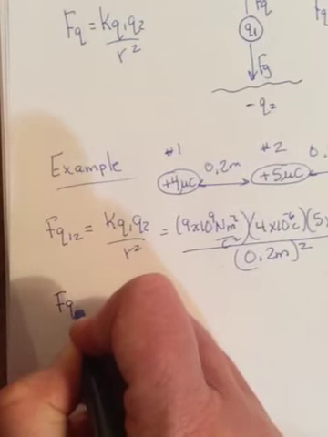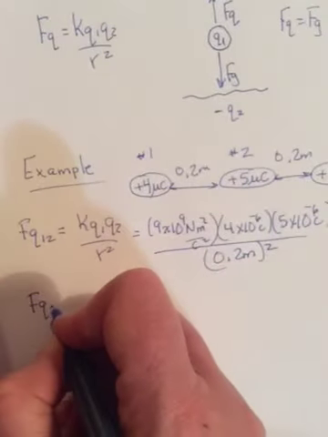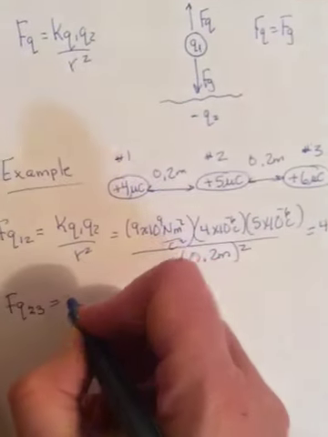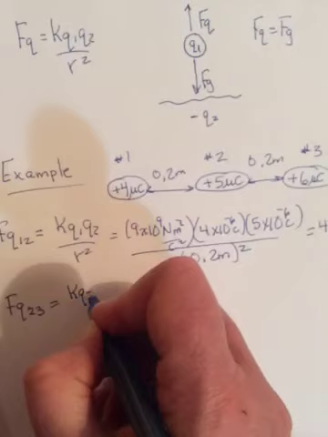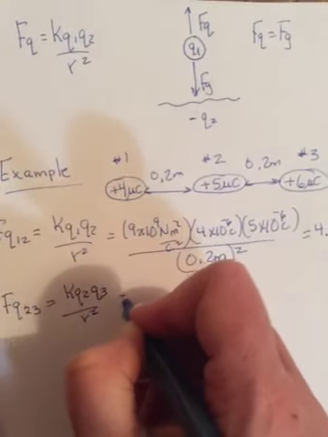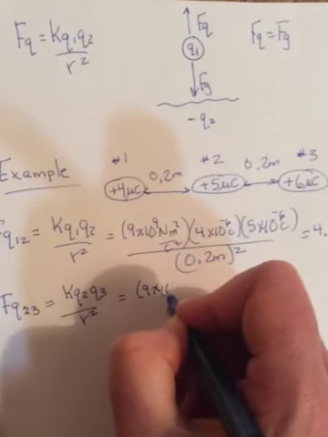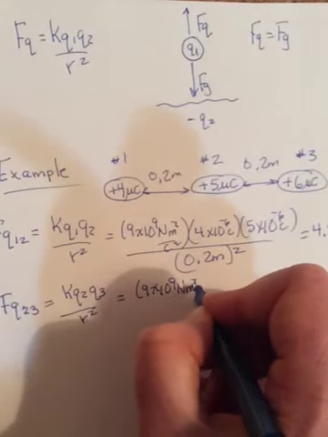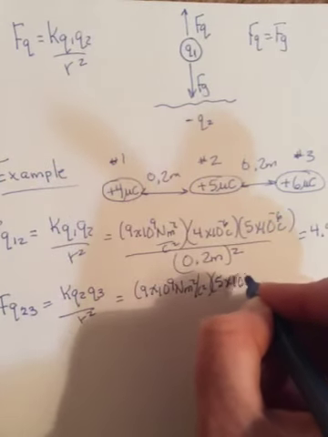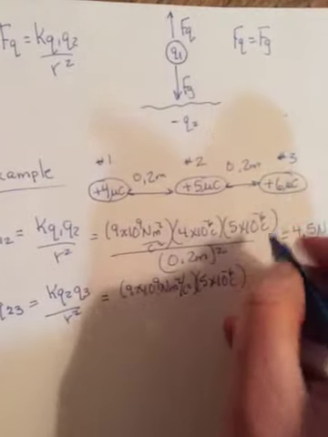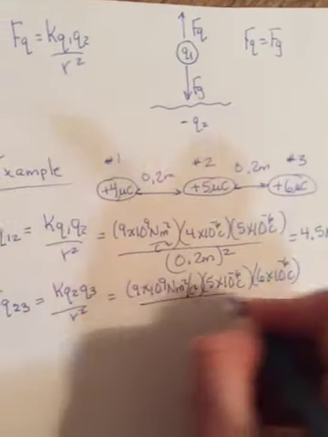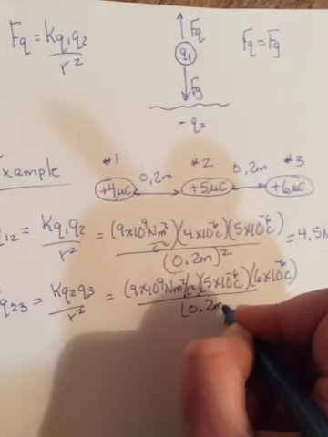Then you would do FQ, it's asking for number 2, so 2, 3, right? What's the force that number 3 is putting on number 2? So you would do FQ23, KQ2Q3 over R squared. So 9 times 10 to the 9th newton meters squared per coulomb squared, Q2 is 5 times 10 to the negative 6, and Q3 is 6 times 10 to the negative 6, and that is still over 0.2 meters squared.